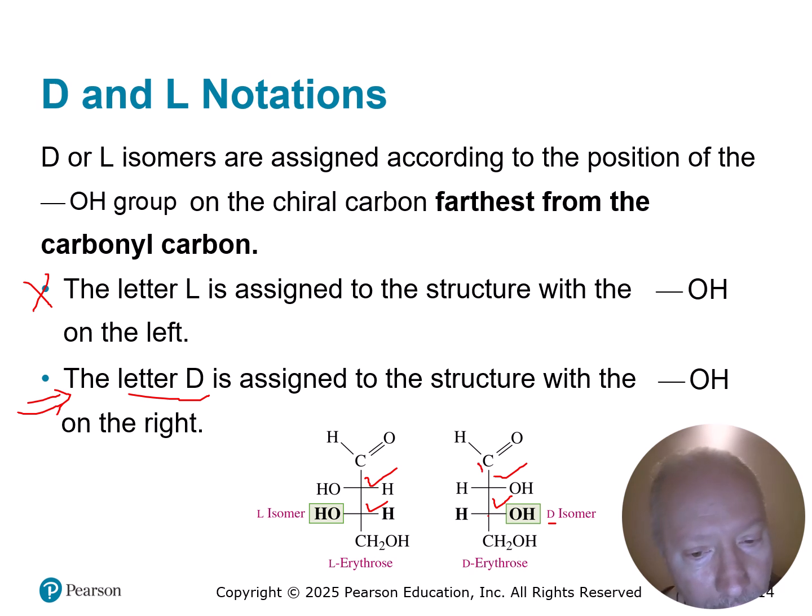So 1, 2, and 3. This is the chiral carbon that's the farthest away from the carbonyl. On this carbonyl here, this carbon is chiral, but this carbon here is the chiral carbon that is the farthest away. So it's got to be this one. It's got to be this one that determines the name.